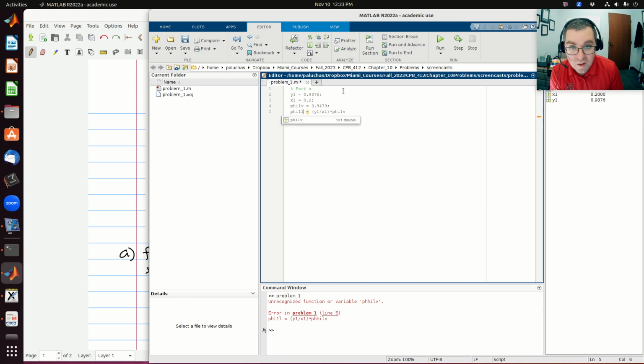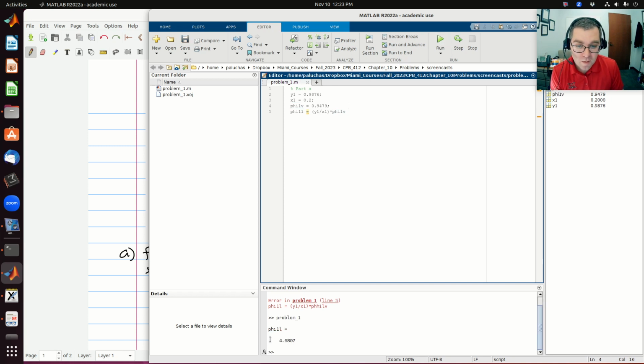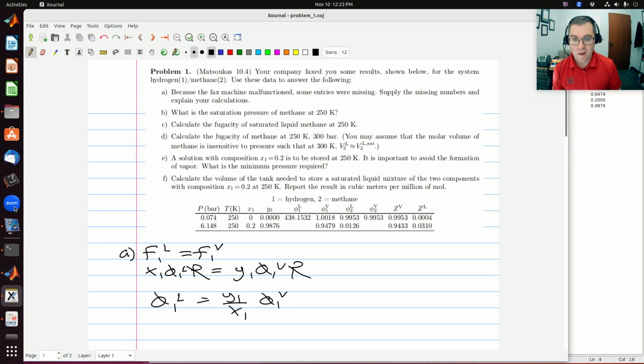It's just that in the font, the ones and L's look super similar. So I take that back. So running, I get V1L is 4.6807. Okay, so V1L, which is this number here, is going to be equal to 4.6807.